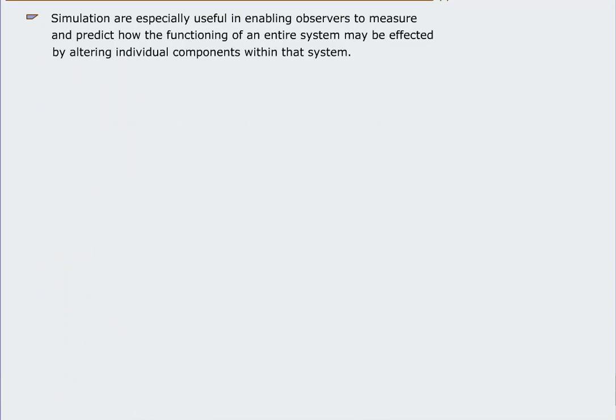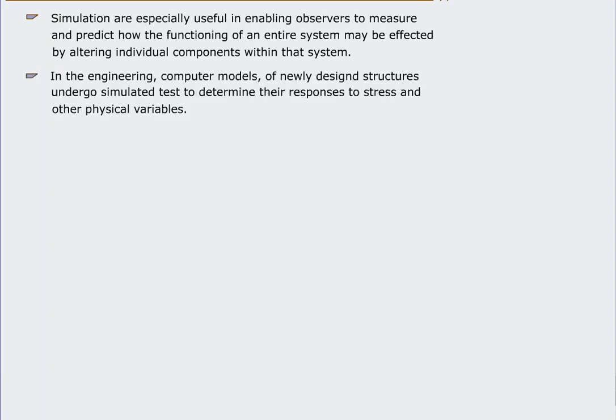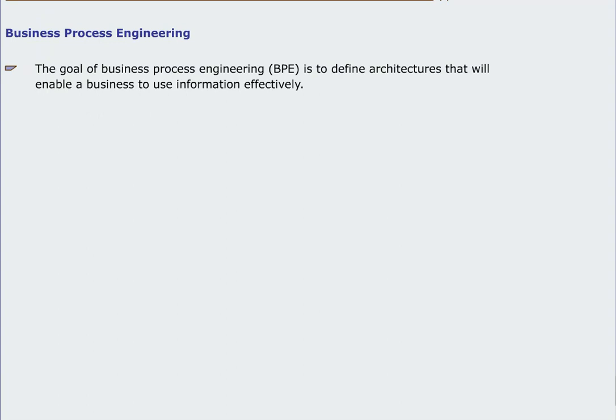Simulations are especially useful in enabling observers to measure and predict how the functioning of an entire system may be affected by altering individual components within that system. In engineering, computer models of newly designed structures undergo simulated tests to determine their responses to stress and other physical variables.